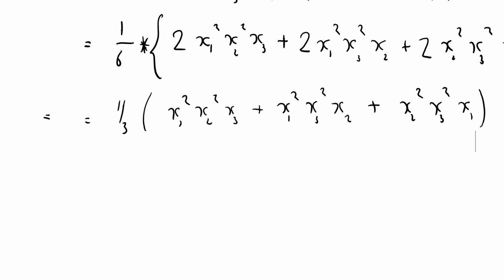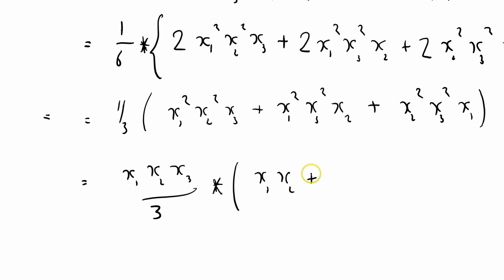Of course we can factorise it a little bit more if we want. I could write it as x1, x2, x3 over 3 times x1, x2 plus x1, x3 plus x2, x3. You see, it's got this nice, pleasing symmetry associated with it, which can be very useful.